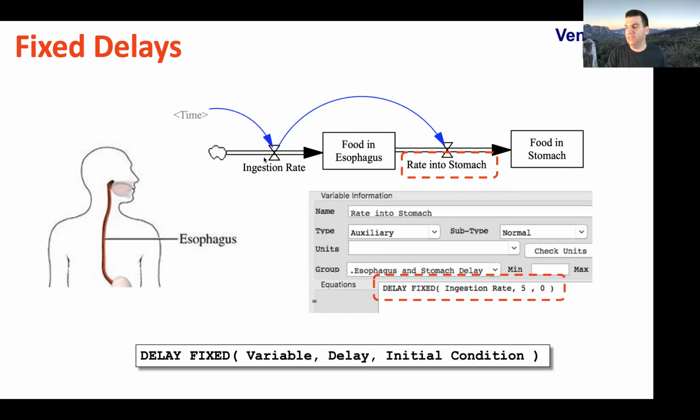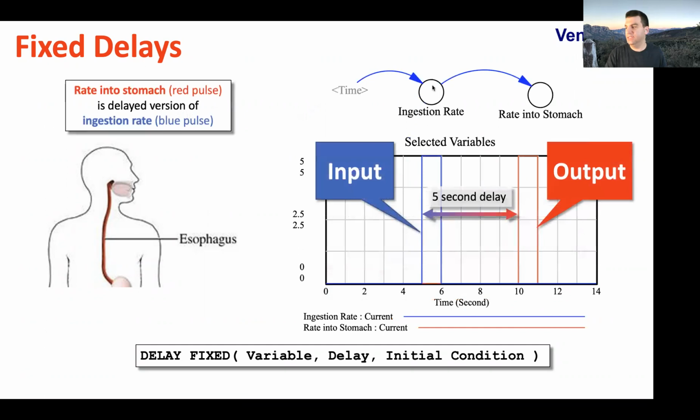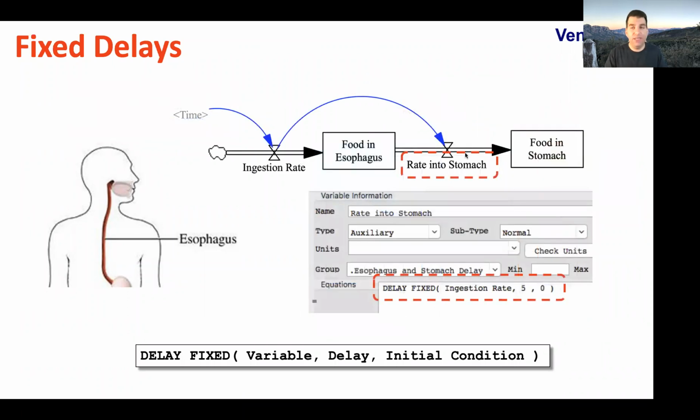So we've basically just taken the two variables that we had in the previous slide. If I go back to that, here's the two variables, and we turned them into flows. And we had to then put stocks in between those flows. So this ingestion rate is going to have the exact same formula as it did on the previous slide inside it. The rate into stomach is going to have the exact same formula as on the previous slide inside it.